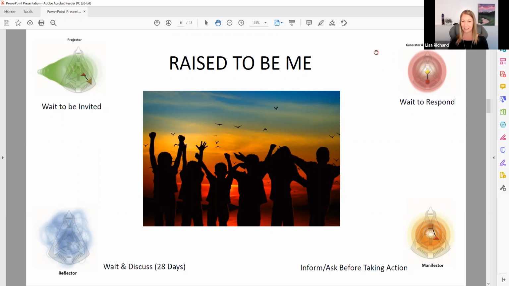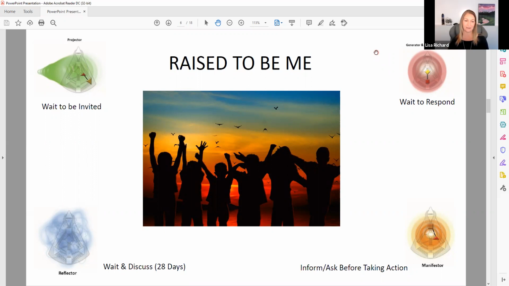So creating some situations where they can try out a new activity for a little while and then make a decision is going to be key to their design. It's going to honor who they are, and it's going to alleviate some of those feelings of feeling like a failure, feeling like you let somebody down, because you just know that that's my type, and I'm going to need a little bit of time to feel things out.